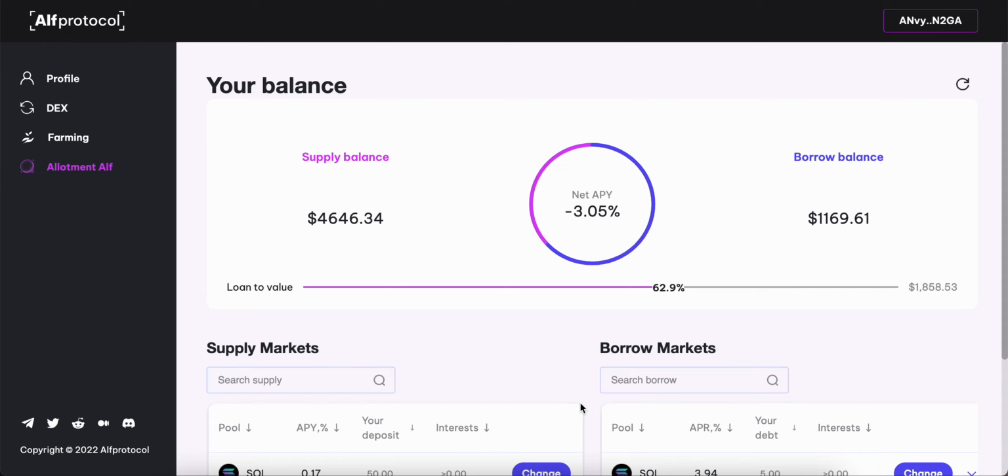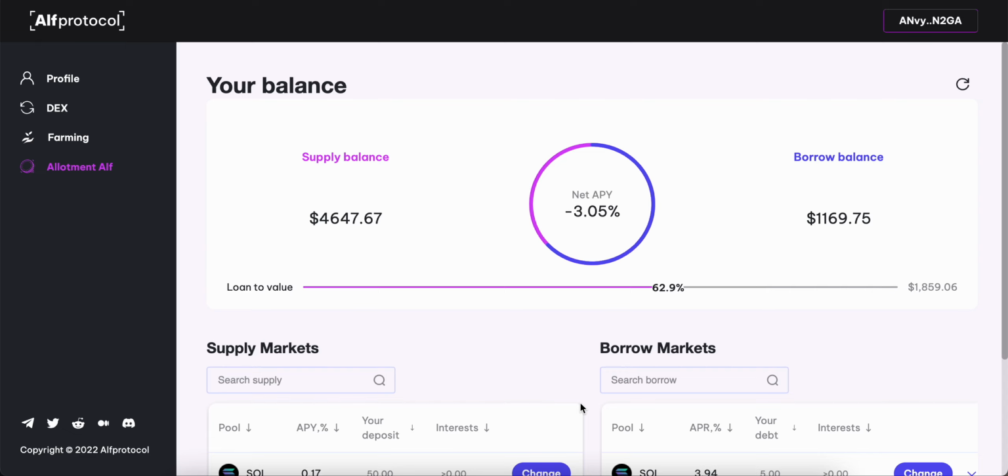But if you only supply liquidity and you do not borrow capital, then this number will be positive. So this is a better, visual representation of the APY that you are actually earning right now. Once again, if it's in the negative zone, this means that you are paying more interest for your borrowed capital than you're earning, which of course makes sense.